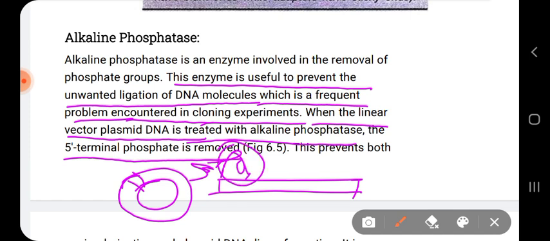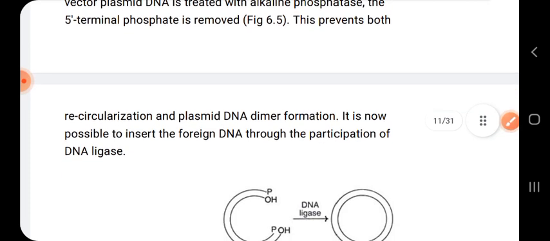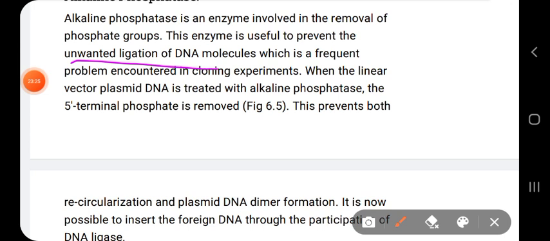This phosphate group is removed by the alkaline phosphatase. Thus it prevents both recircularization and plasmid DNA dimer formation. It is now possible to insert our foreign DNA through the participation of DNA ligase. So to prevent unwanted ligation of DNA molecules, we need this alkaline phosphatase enzyme.